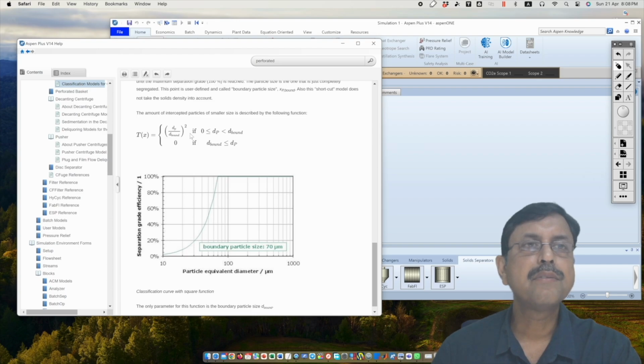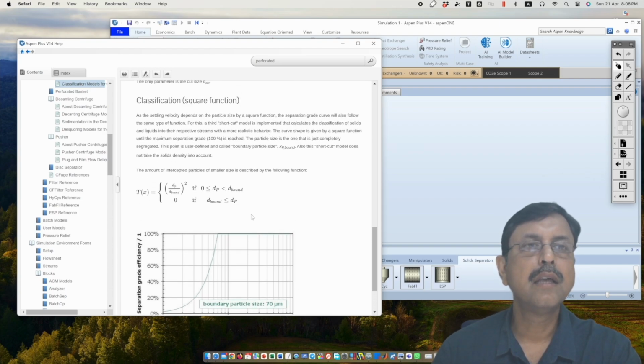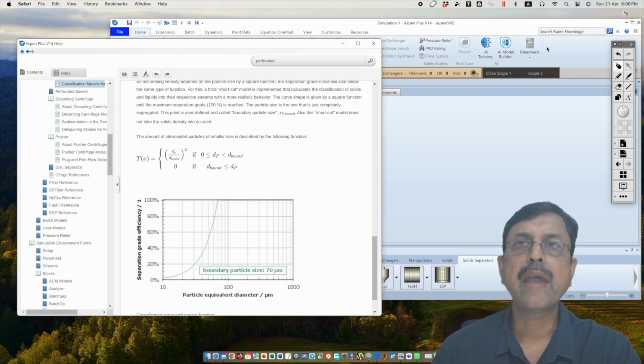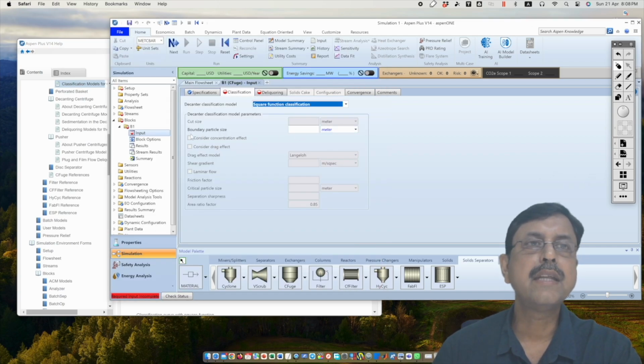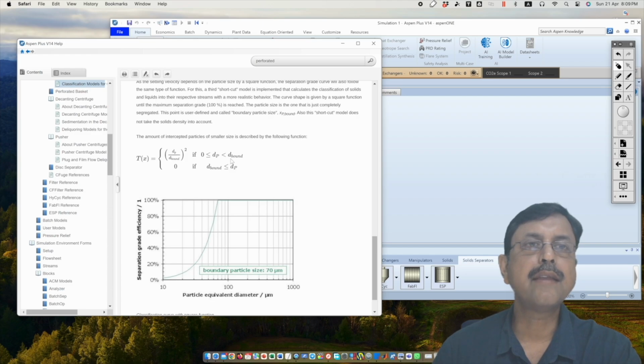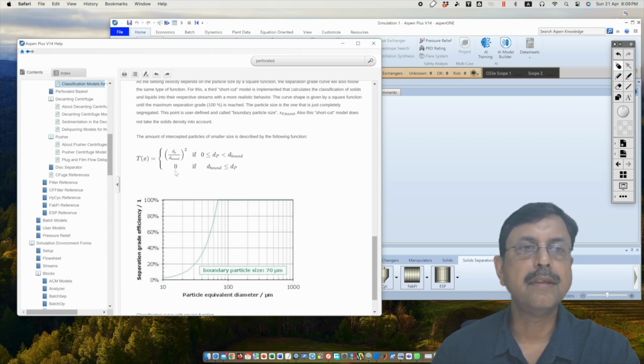In square function classification, you have to provide a boundary particle size, and this boundary particle size is denoted by d bound, and particles having size between 0 to d bound, its efficiency is calculated as (dp by d bound) whole square, and the particles having size higher than the boundary size is 0.